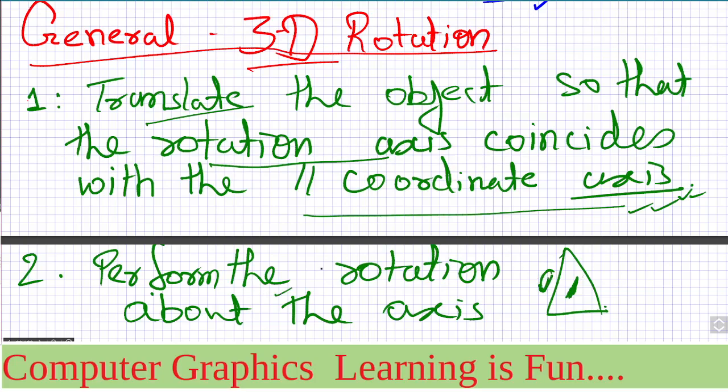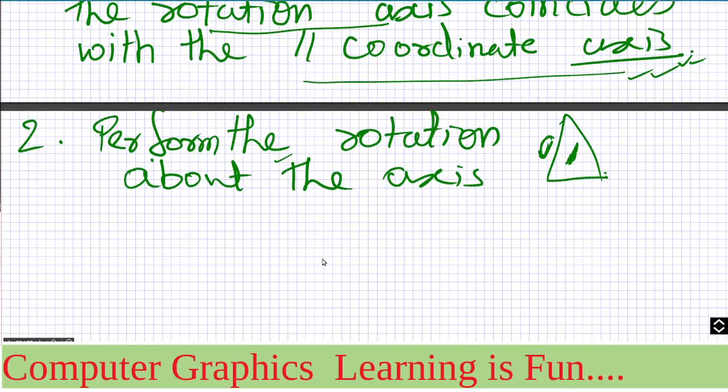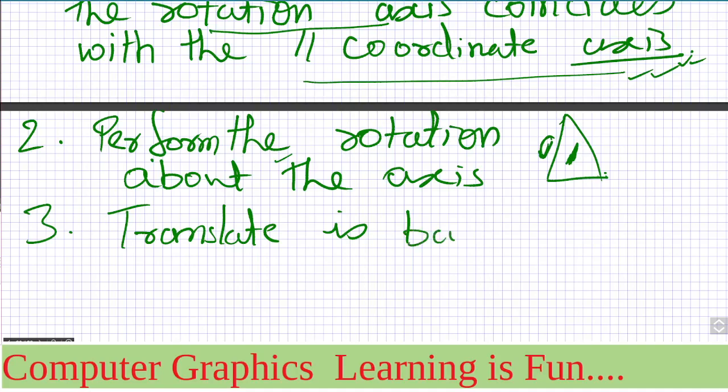You perform the rotation in the second step, and then in the third step you translate it back. When it is translated back to the position, it will go in a rotated form.